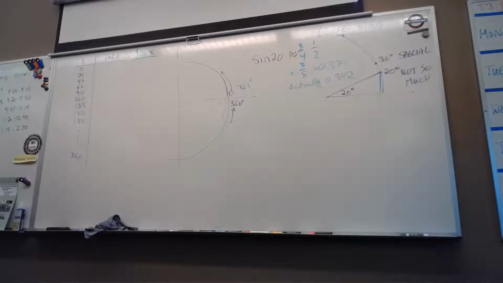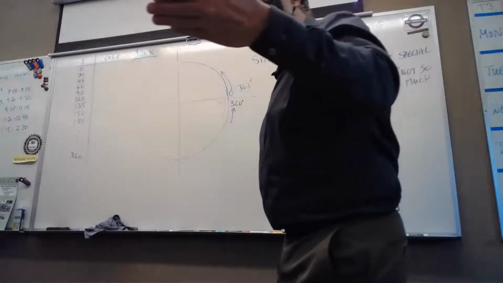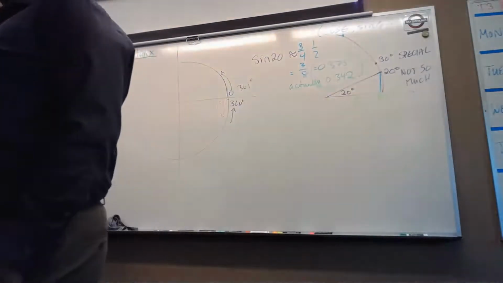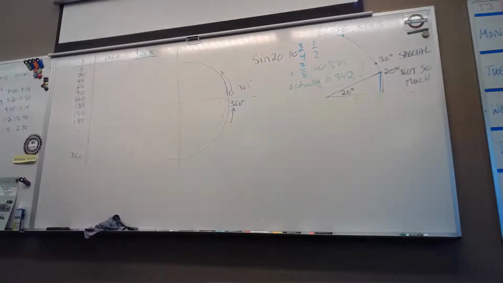What do you see here? Where's my unit circle?